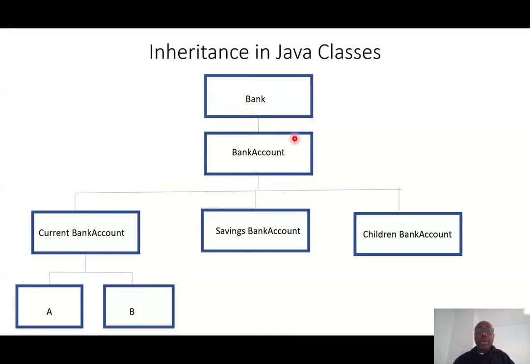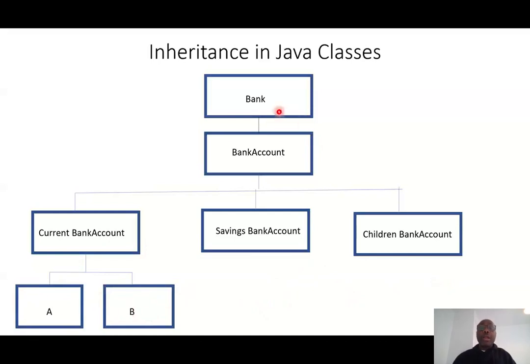Under the bank you have bank account as another class, and then you have other accounts. Under the bank account you have some types of accounts, for example, current account, savings account, children bank account. And then under, say, current account, you can have options A and B, whatever they are. You can have other options here too, but just for illustration.